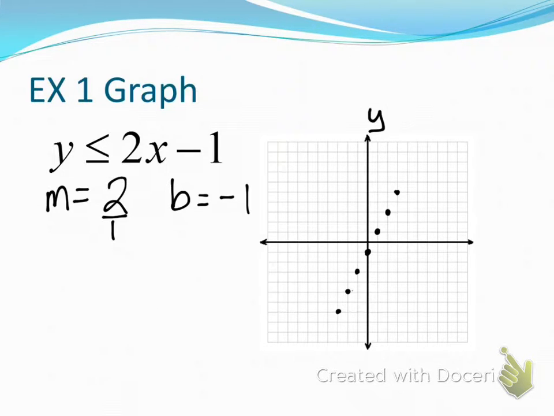If it has the equal to bar, we go ahead and keep it a solid line. If it does not have the equal to bar, that's when we use a dotted line. Again, make it go all the way through the graph. These ones, it's extra important that it goes all the way through the graph because now we have to shade.